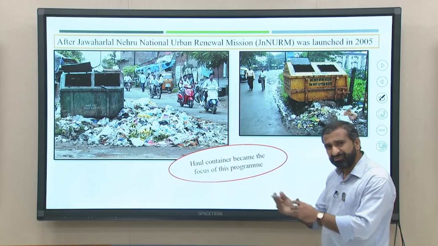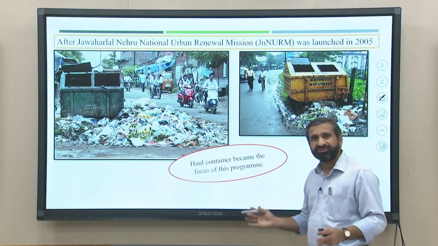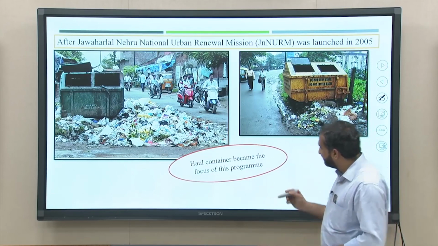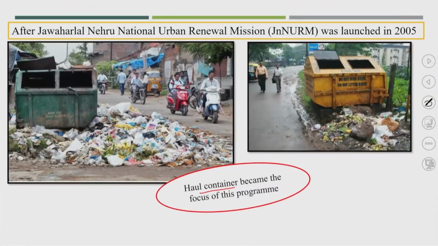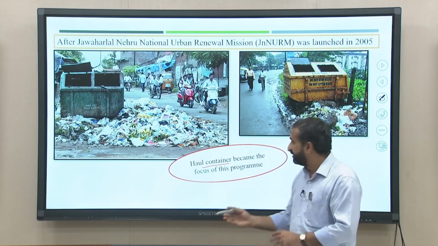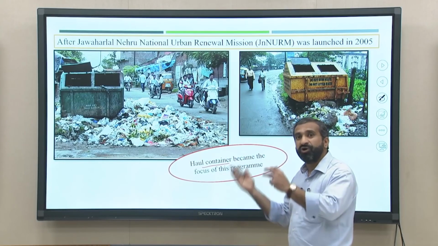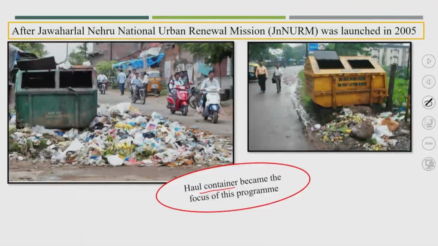Most of the class 1 and class 2 towns started proper collection systems, with major focus on haul containers. The idea was that the entire container would be hauled onto the vehicle. You see this kind of container here.